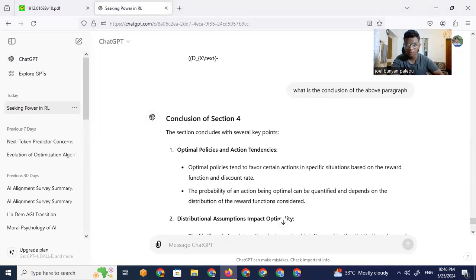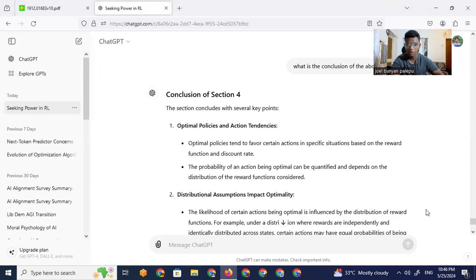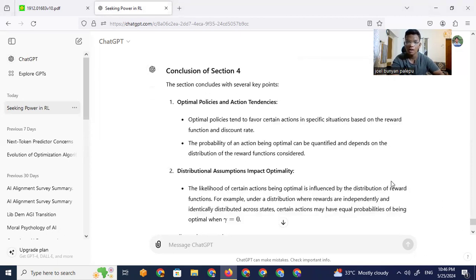Pretty straightforward, right? The optimality of an action is quantified by the reward function. I think that is what that line means.